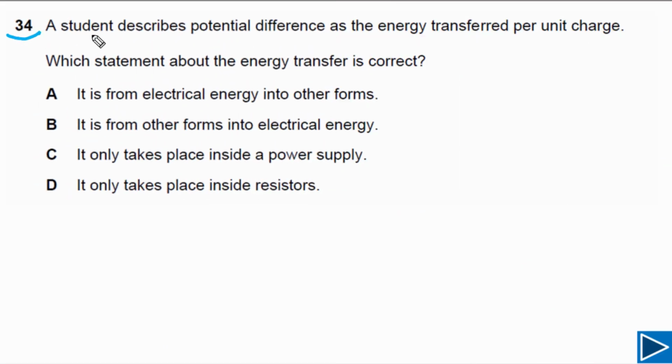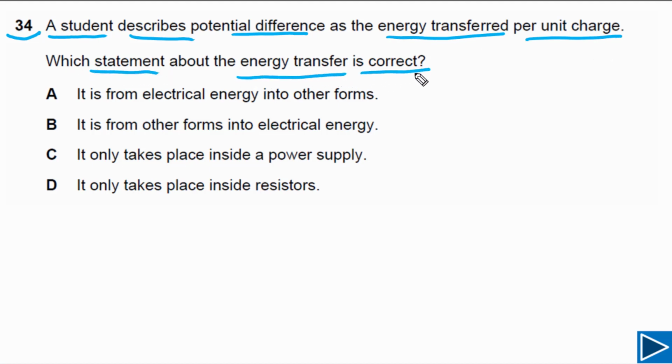For question number 34, it is given to us that a student describes potential difference as the energy transfer per unit charge. Which statement about the energy transfer is correct? First of all, let's try to understand the difference between potential difference and EMF.